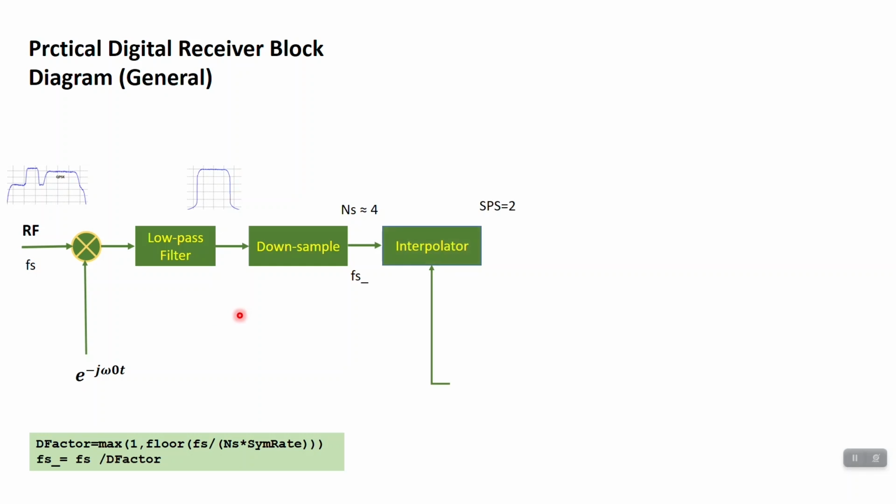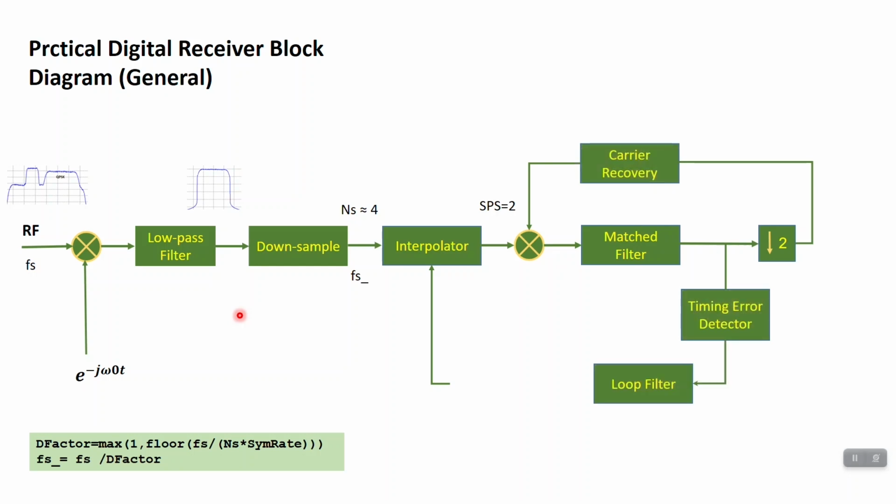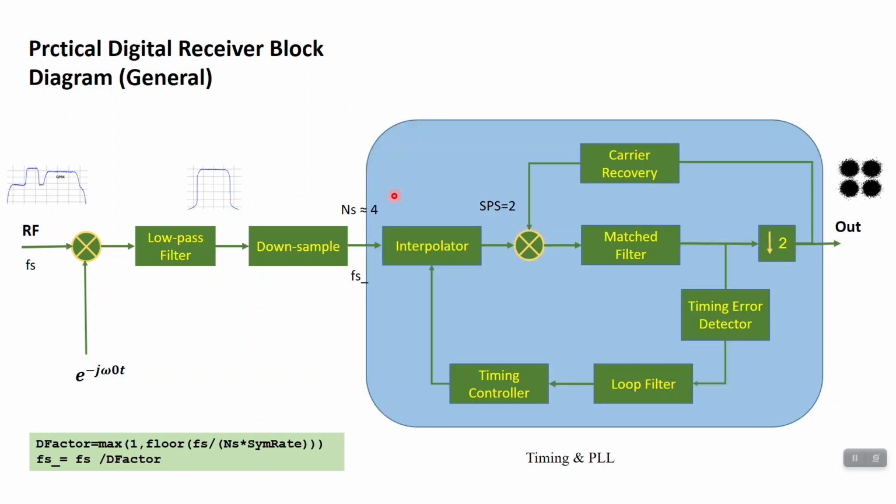After that, the interpolator tries to interpolate and compensate the timing error and reach exactly 2 samples per symbol. And here we compensate the residual frequency again, then the match filter, and the samples are ready for the timing error detector. After that, the timing error is fed to the loop filter, and the loop filter again provides the error value to the timing controller, and the timing controller commands the interpolator, and this loop closes, so it's a feedback receiver.